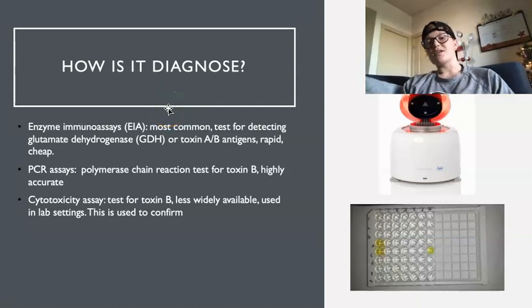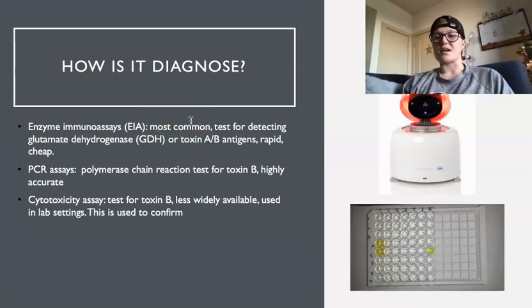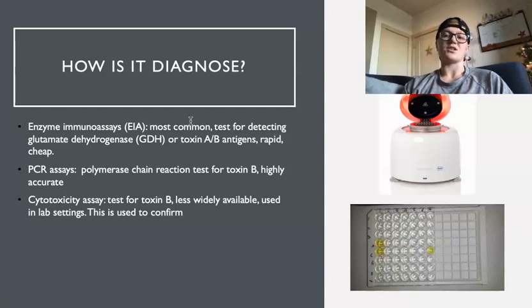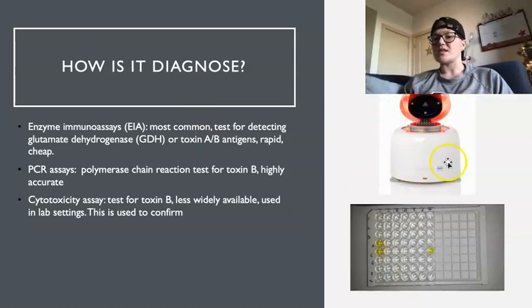The polymerase chain reaction test tests for toxin B, and it is highly accurate and it can test for toxin B in asymptomatic people as well. The cytotoxicity test is used in lab settings, so it is less widely available, and it is basically used for confirmation after the EIA and PCR tests have been done. The cytotoxicity test takes 24 to 48 hours. Right here is the PCR test, and then this is the EIA test.